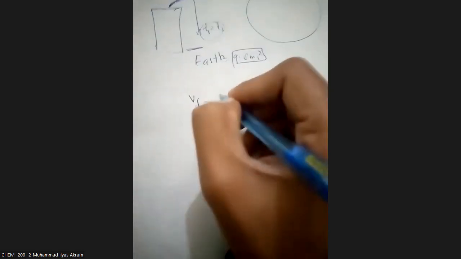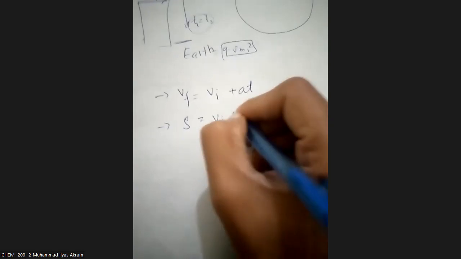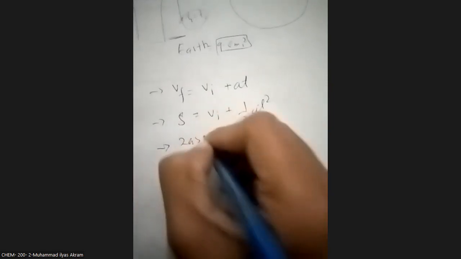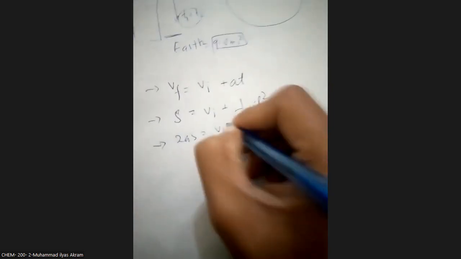First of all, that will be Vf equals Vi plus at. The second one is for distance, that will be S equals Vi t plus 1/2 at squared, and the last one is 2as equals Vf squared minus Vi squared.